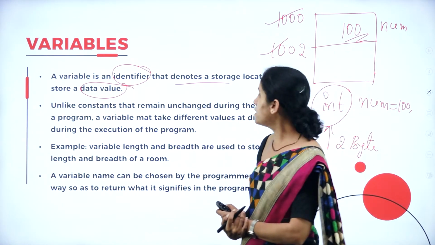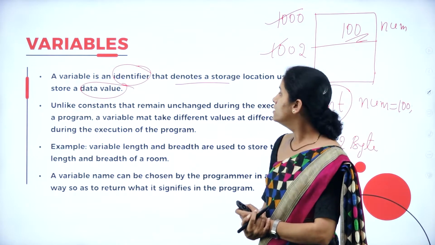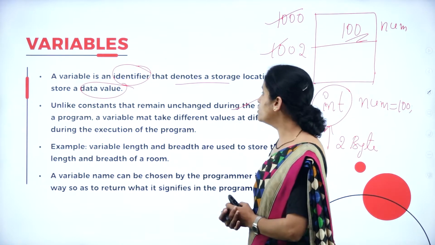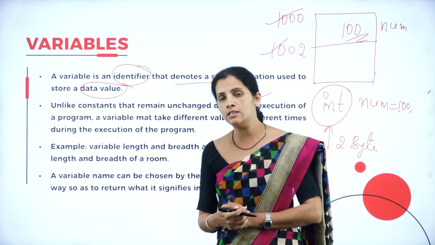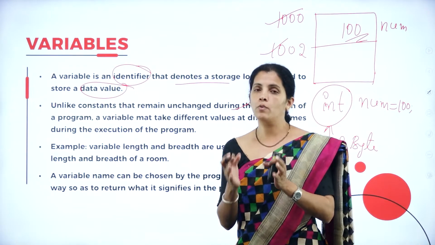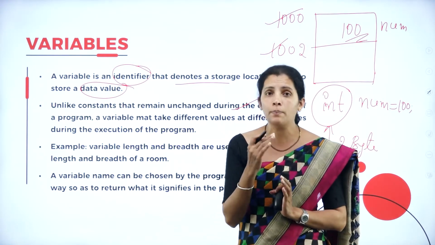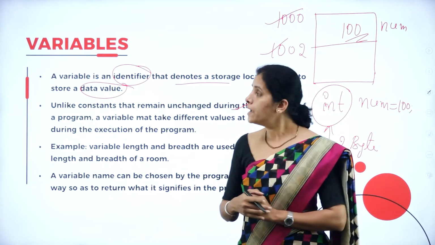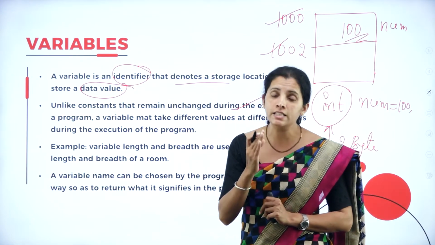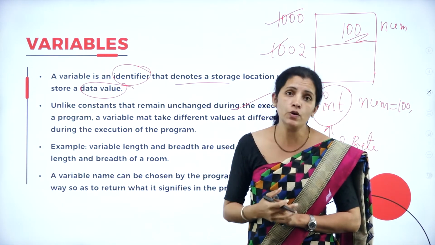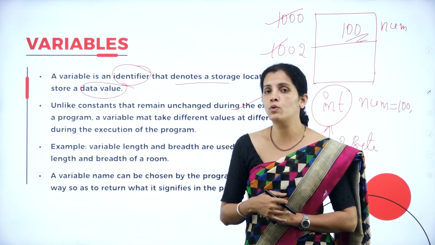Now, unlike constants, which remain unchanged during the execution of the program, whatever value I assign to a constant remains fixed throughout the program. But if I consider a variable, as the name itself suggests, the value can be varied during the execution of the program.